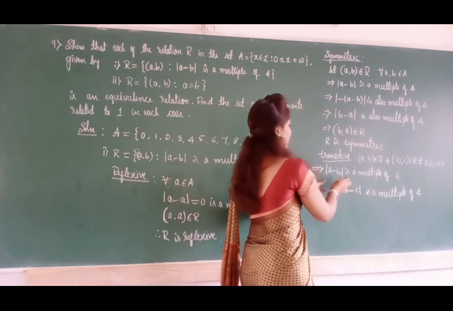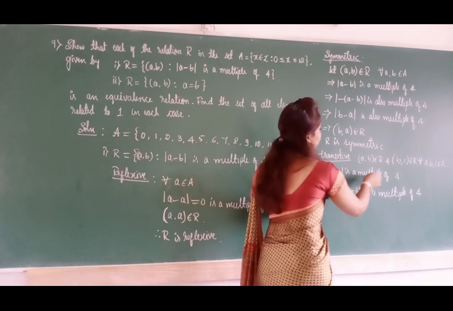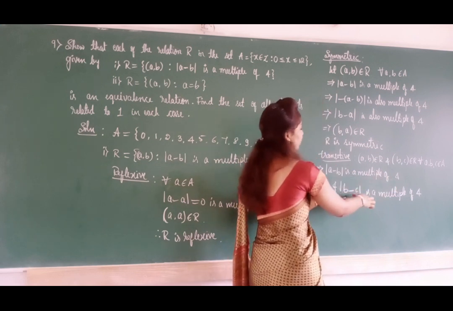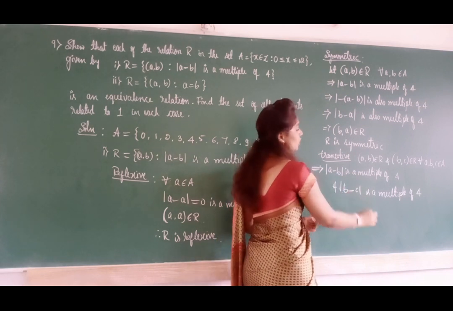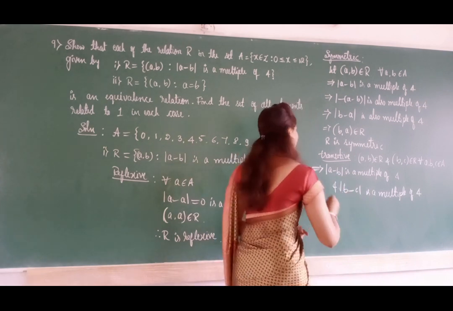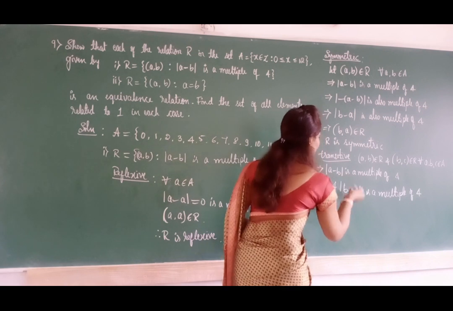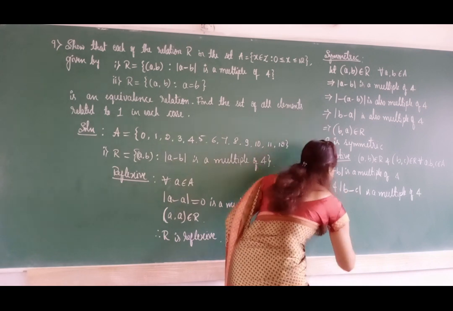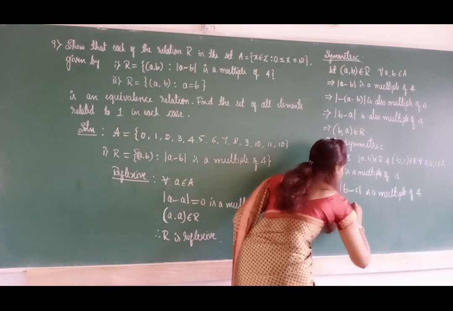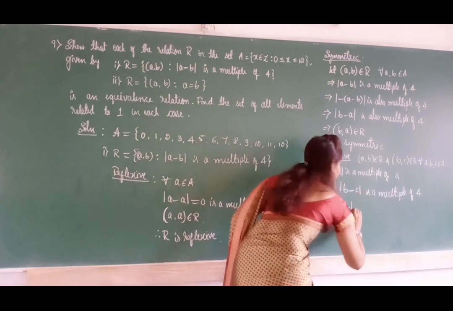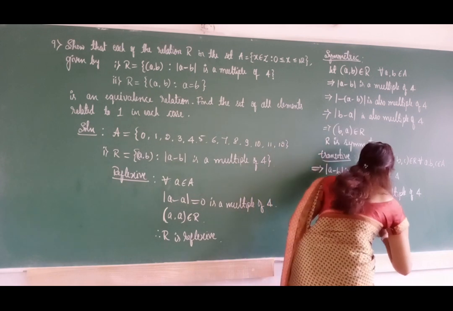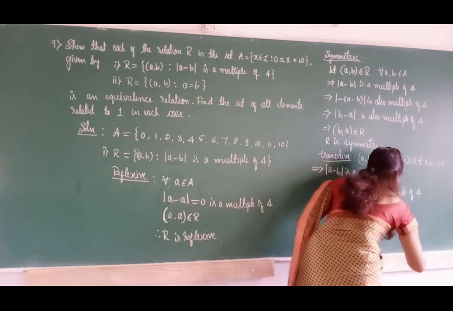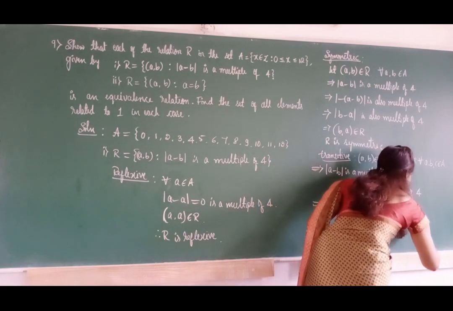Okay. So observe here. Modulus of A minus B is a multiple of 4. Modulus of B minus C is also a multiple of 4. Then the addition of these two numbers is also a multiple of 4. This implies the addition of these two numbers, that is modulus of A minus B plus B minus C, is also a multiple of 4.